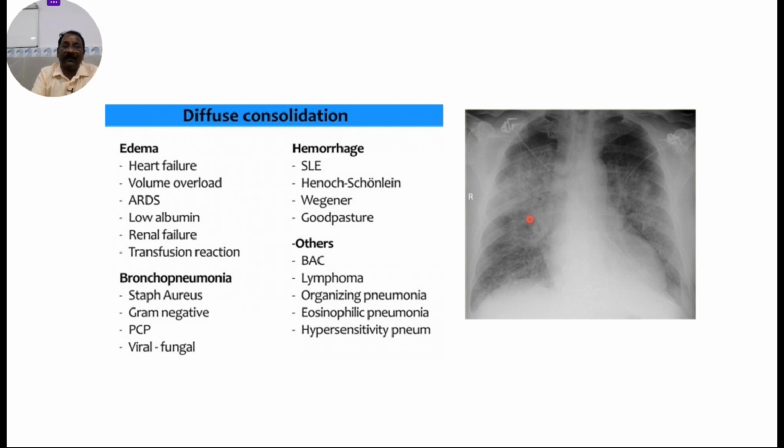Organisms are different here. In the diffuse edema, maybe heart failure, volume overload, ARDS, hypoalbuminemia, acute kidney injury or acute on CKD, transfusion reactions, bronchopneumonias of different pathologies, hemorrhages, especially in the autoimmune diseases, lupus. So these are the things.